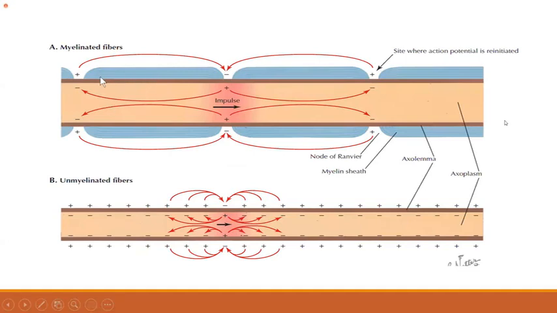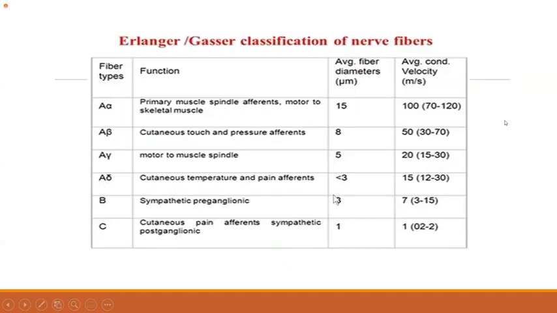In myelinated fibers, these are the nodes where there is no myelin, so the action potential jumps from one node to another, increasing the velocity of conduction through the myelinated axons. In unmyelinated fibers, the action potential travels linearly along the course of the nerve fiber, therefore the velocity is low.